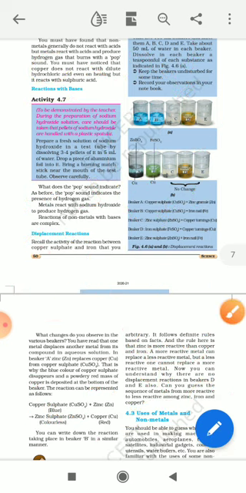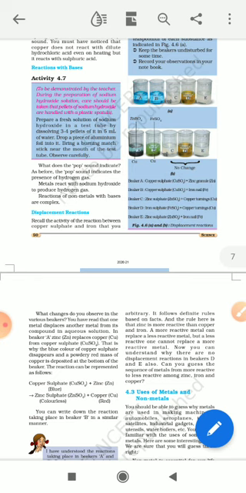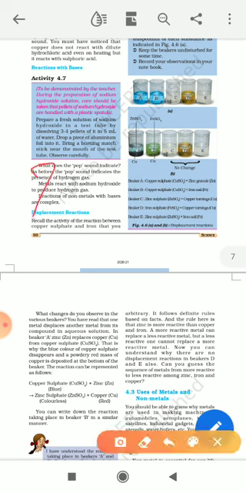In two cases it is very easily visible, but in the last 3 beakers it is not visible. You are able to see it in beakers C, D and E: no changes happen. Why is it so? Because in the third case there is zinc sulfate plus copper.